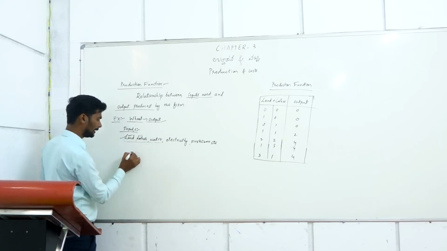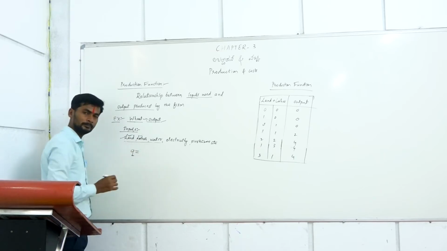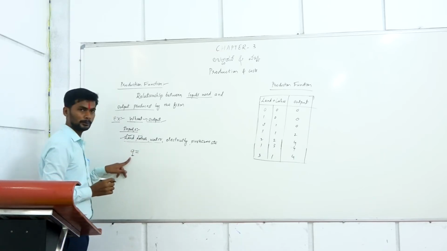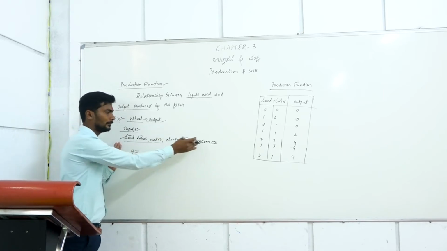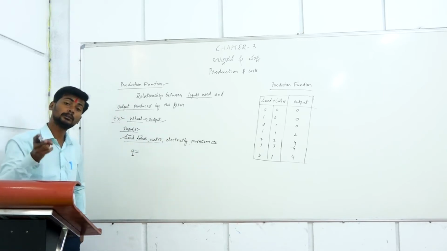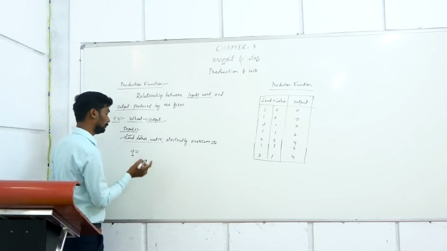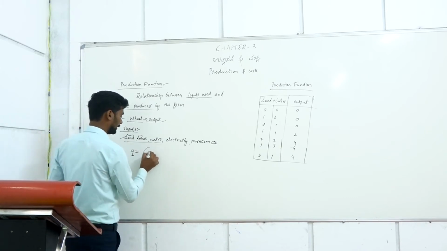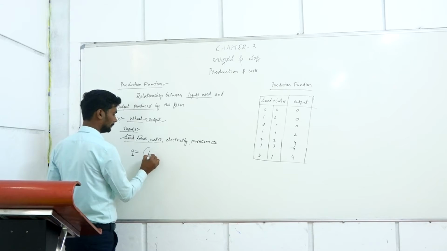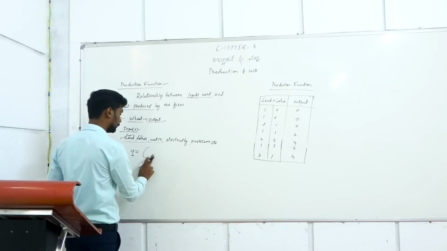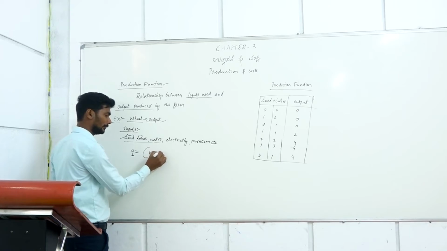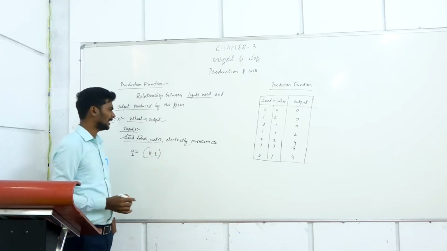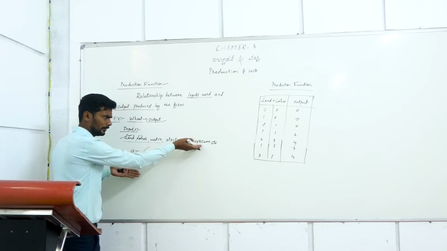Output symbolically I will show as Q. Q is output, that is wheat. So here I can't write all these inputs. I will take only two important or major inputs. What are the major inputs? I will take land, which I will show as K, and labor I will symbolically show as L. If you want to add these things, you can add.